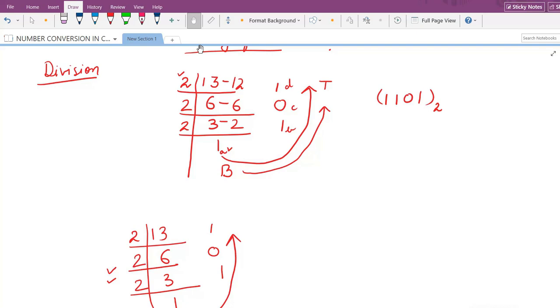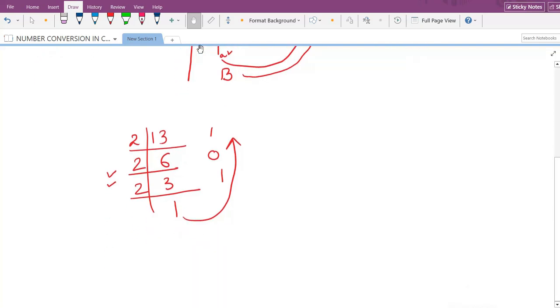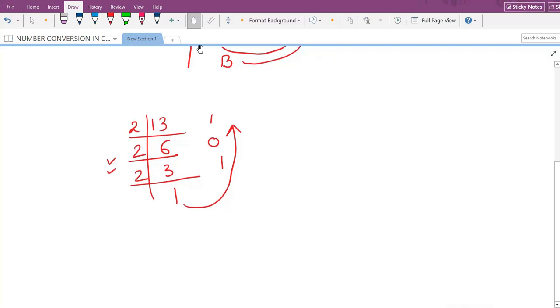So avoid this. But if you are a beginner, in your rough notebook or revision notebook, you just try. Once you are expert in the calculation, you can eliminate the minus 12, minus 6 kind of method, not a big deal. But this is called the clean method.